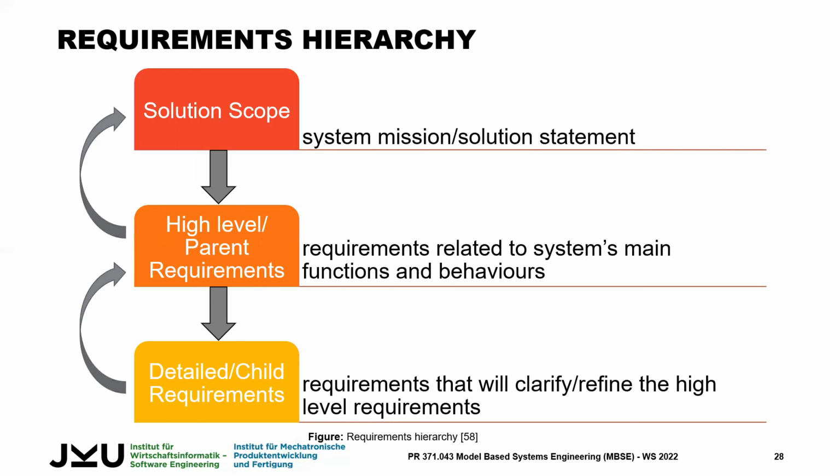I would like to see something like this, and high level or parent requirements. As I have shown you, there are some requirements, and under them there are some detailed or child requirements. So this is the hierarchy of requirements.